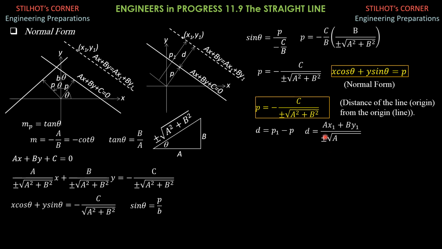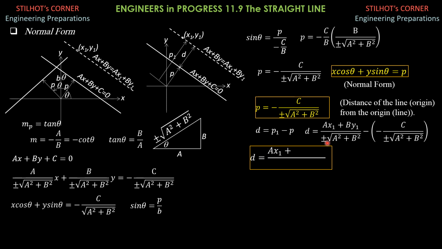So d therefore is ax1 plus by1 over plus minus square root of a squared plus b squared minus negative c over plus minus square root of a squared plus b squared. Therefore, the distance formula, distance from a point x1, y1 to the line ax plus by plus c equals 0 is ax1 plus by1 plus c over plus minus square root of a squared plus b squared.